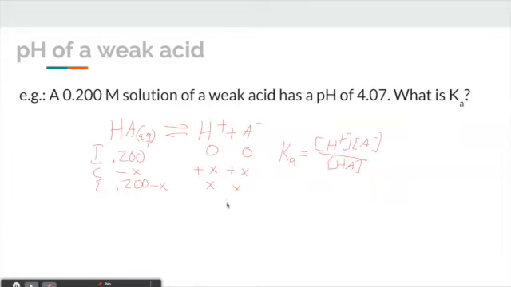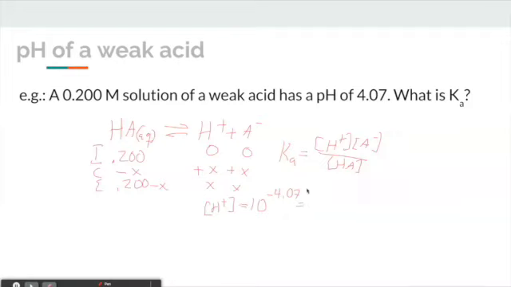However, we do know that the pH is related to the concentration of H plus. So the concentration of H plus is going to be 10 to the minus 4.07 because of the definition of what pH is. If pH is the minus base 10 logarithm of the H plus concentration, then the H plus concentration is 10 to the minus pH.